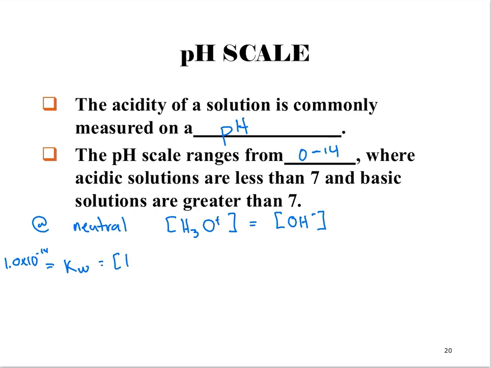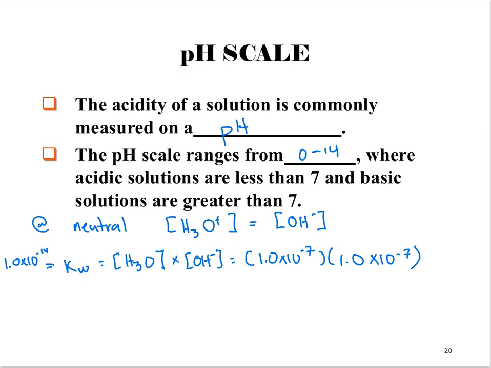That means that we get H3O plus times OH minus, and if those two things are equal, that's like taking the square root of that value. That has to be equal to 1.0 times 10 to the minus 7 times 1.0 times 10 to the minus 7.